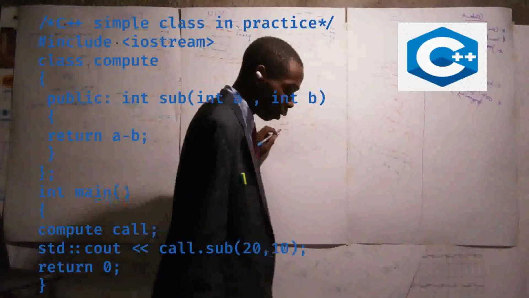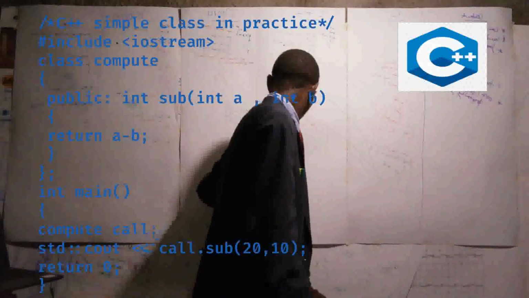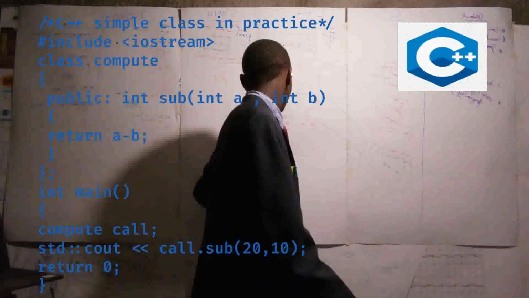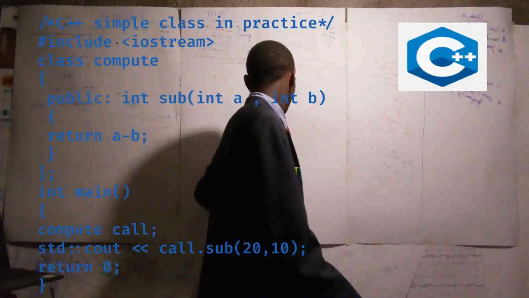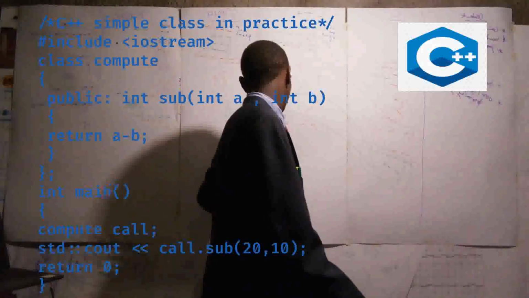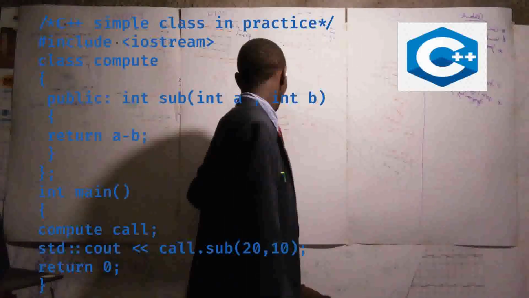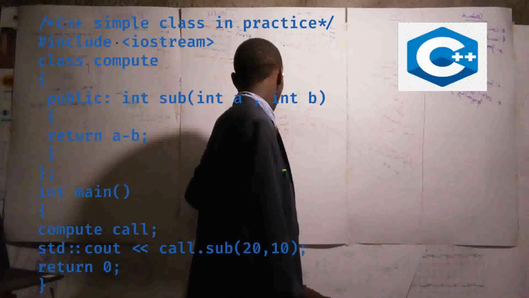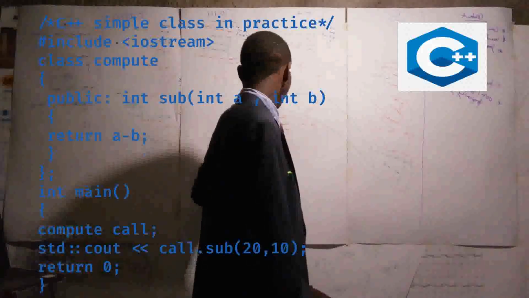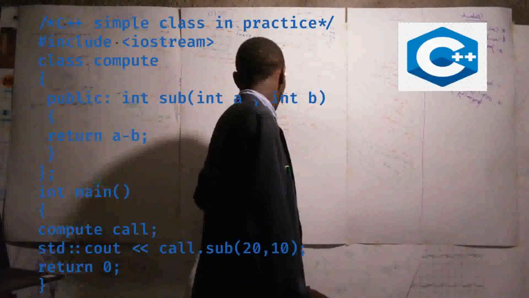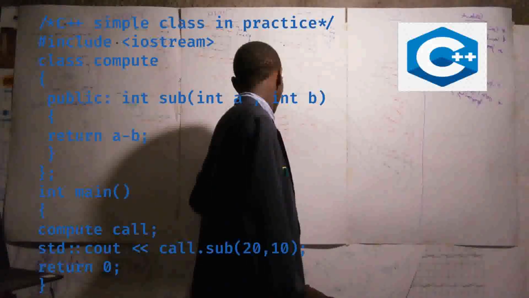Now in the class we have public int subtract, with the variables int a, int b. Okay, return a minus b.